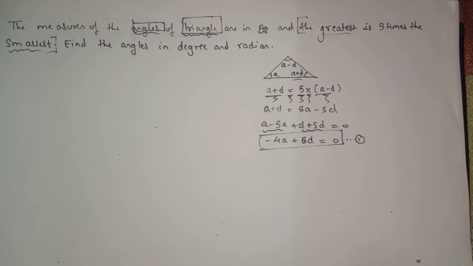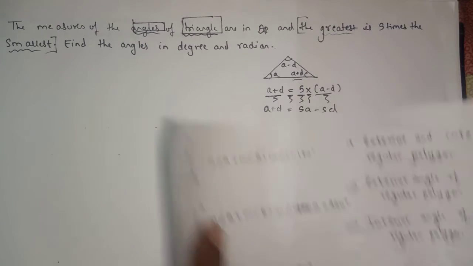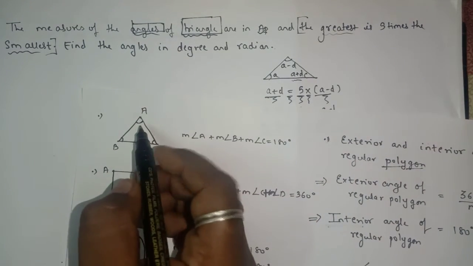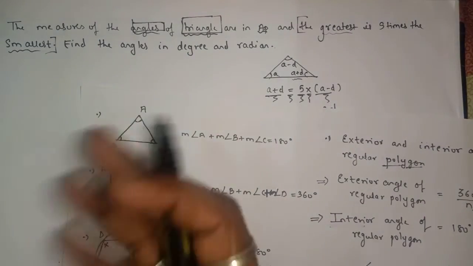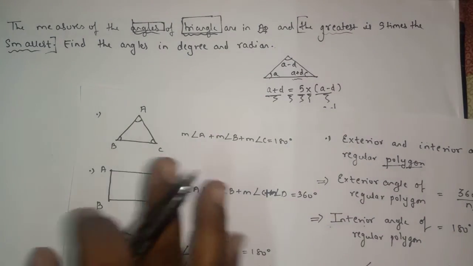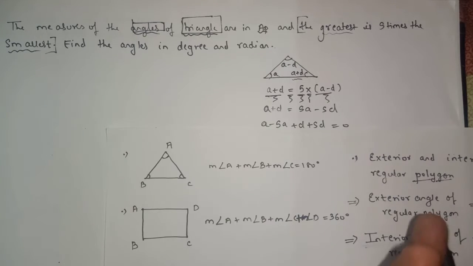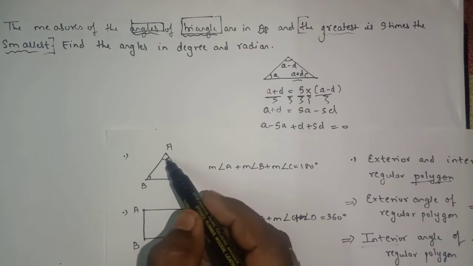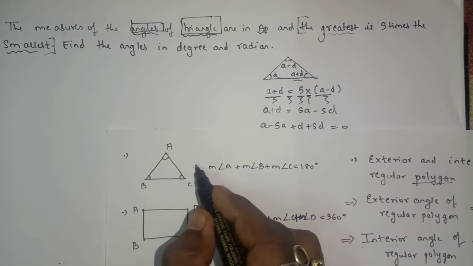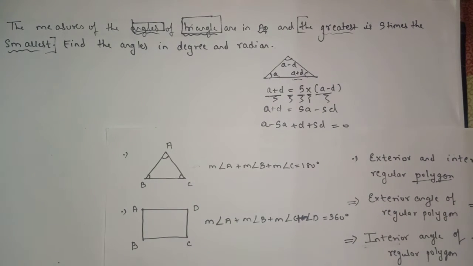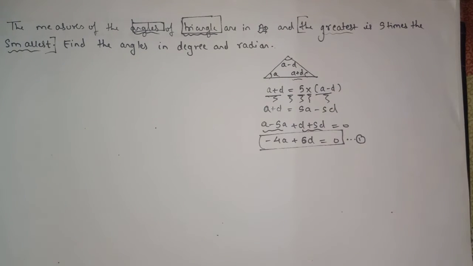We know one property, as I told: whenever you have one angle or two angles, or the angles given in ratio or in alphabets, whether you have to find all three angles, with respect to a triangle you have only one property, that the sum of the measure of the angles of the triangle is 180. With the help of this you can find your second equation. So now we'll see how to find the second equation.